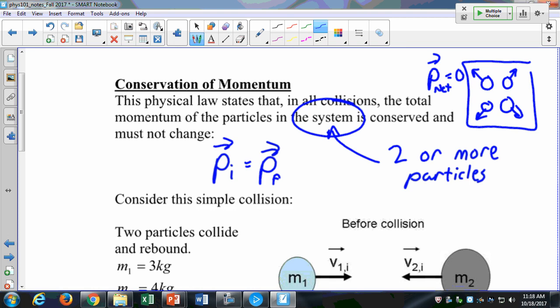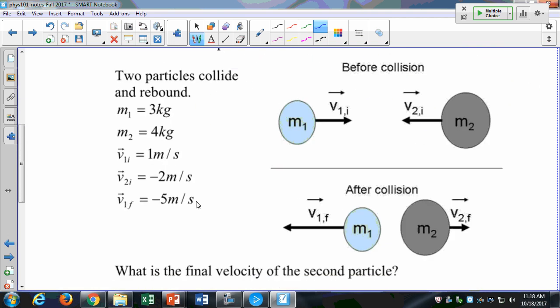So the momentum of this object and the momentum of this object, if I consider it as an entire system, would all cancel out with one another. This is a vector quantity. So let's do this problem.